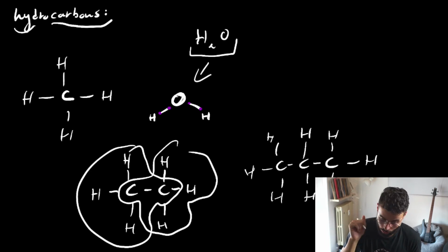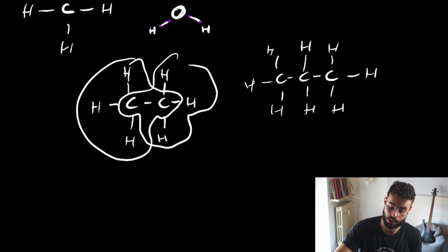Hydrocarbons are divided into 2 main groups. We have saturated hydrocarbons, where the carbons have no double bonding between them and the hydrogens surround them fully. Let me show an example.